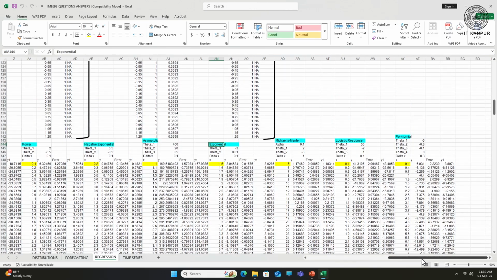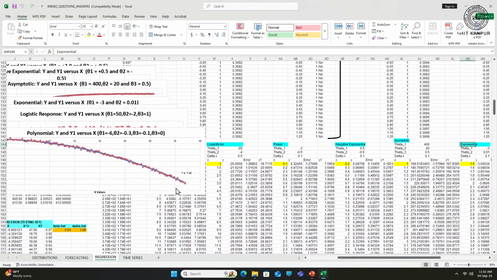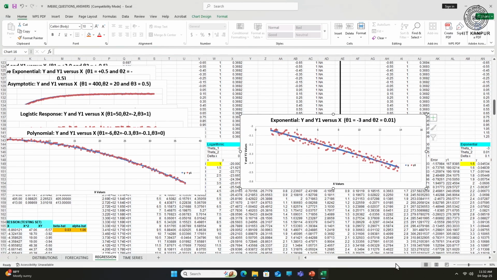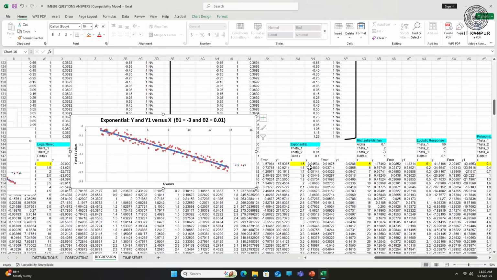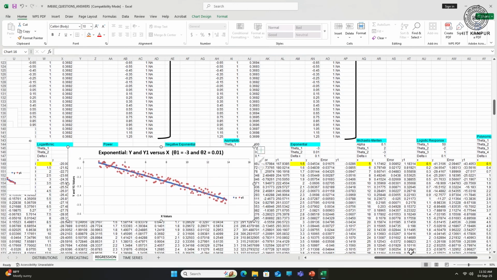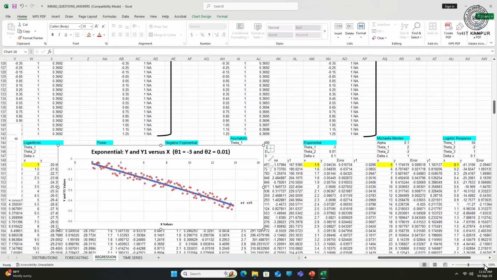Let me get the exponential component for the simulated data, and then I will zoom in such that the values are clearly visible.